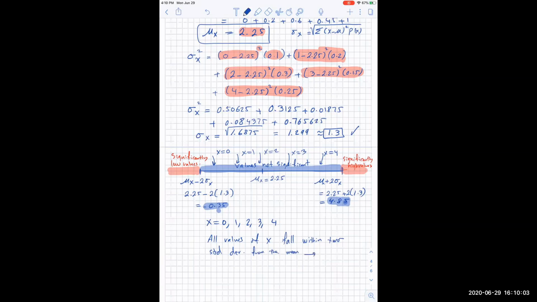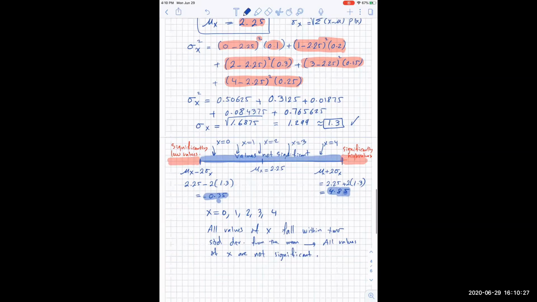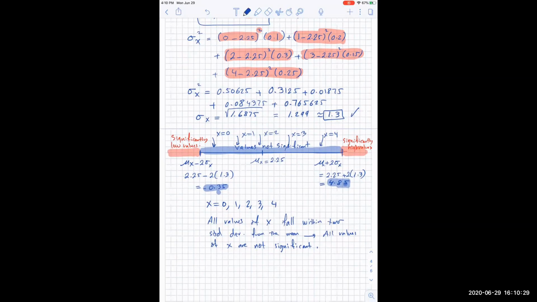Therefore, all values of X are not significant.